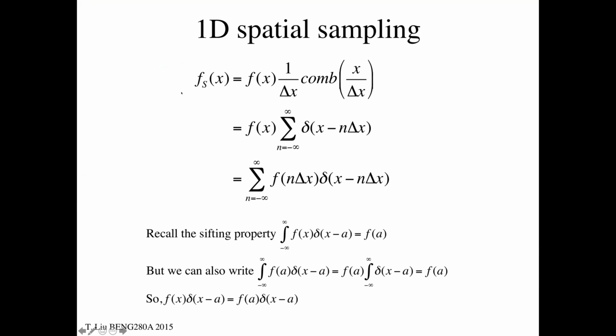So this is the continuous function f sub s, or sampled version of f of x, which is f of x times the comb function, right? And then you can write it out as follows. We know what the delta function will do. It will sift out these values of f at integer units of our sampling period delta x.